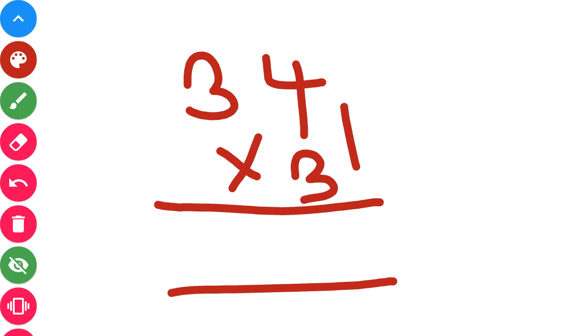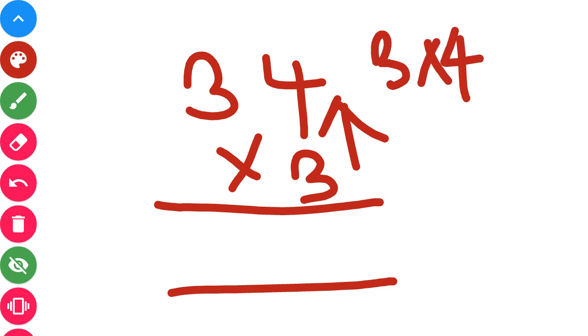Now we will start with ones place. वंस प्लेस से हम शुरू करेंगे, है ना. वंस प्लेस पे हमारे पास क्या है? 3 है और 4 है, तो हम 3 और 4 को मल्टीप्लाई करेंगे. 3 4 को मल्टीप्लाई करने पे हमें क्या मिल रहा है? 3 4 जा काउंटेबल, 3 1 जा 3, 3 2 जा 6, 3 3 जा 9 and 3 4 जा 12.